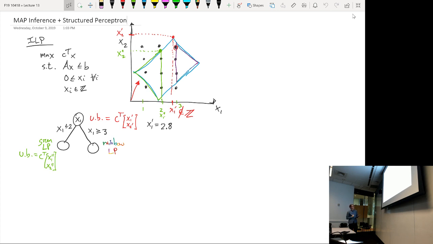And so this time, what we observe is that x1 prime prime, it looks like, is actually going to be integer, right? Because it got pushed all the way up against that side. And so if we were to branch, it would be on the variable x2, where x2 landed somewhere between the values 3 and 4.